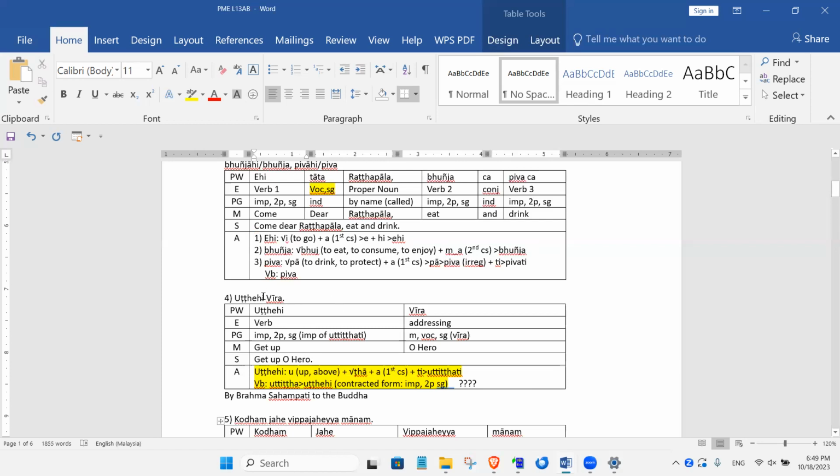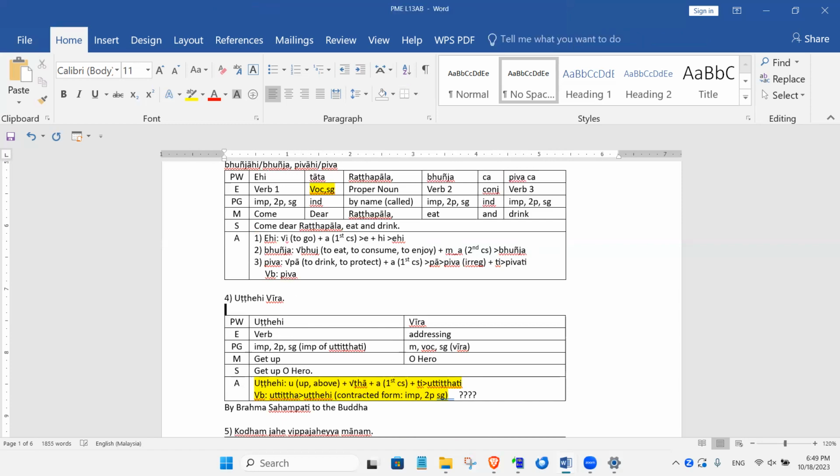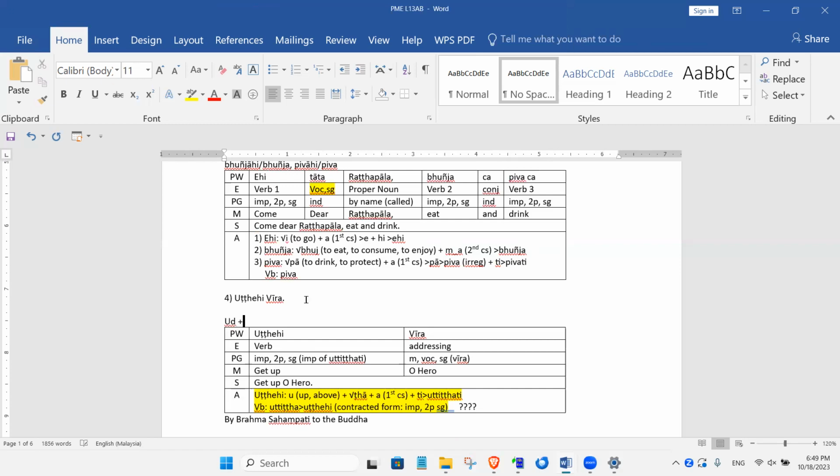But how do you get this utehi? You put ut plus ta. This is a tiktati, right? So you're not sure about this. It's very simple. What is the root? The prefix is ut plus ta, and then same like just he.